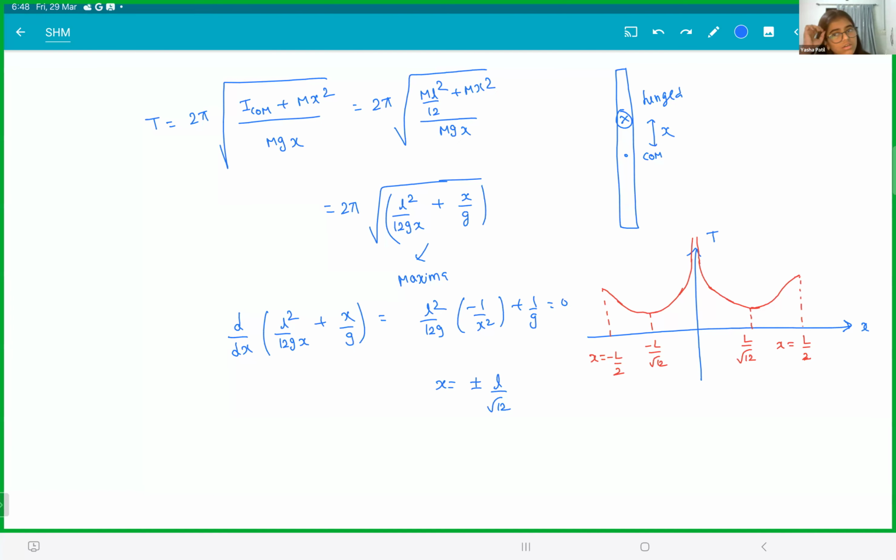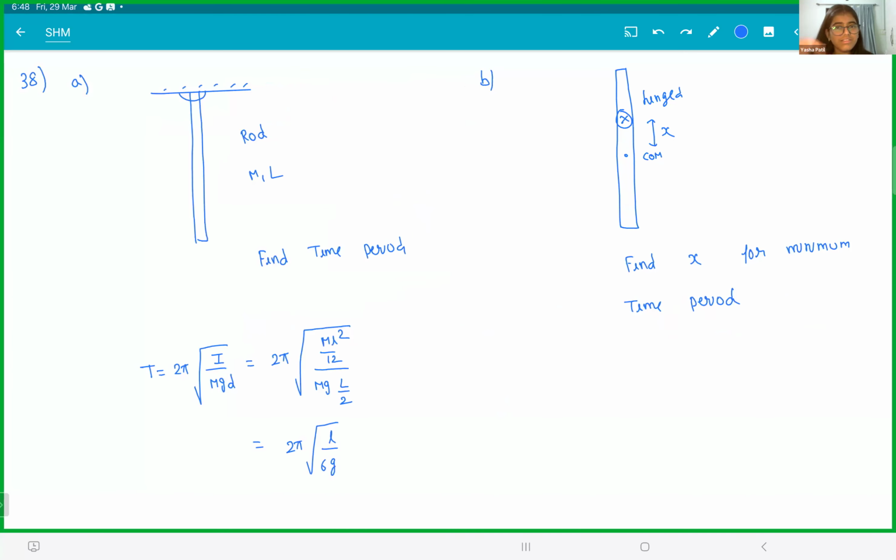In the first question, in part A, it should be ML²/3, right? I was just testing you all. No one found out the mistake. I was trying to test you guys, and none of you could figure out the mistake.